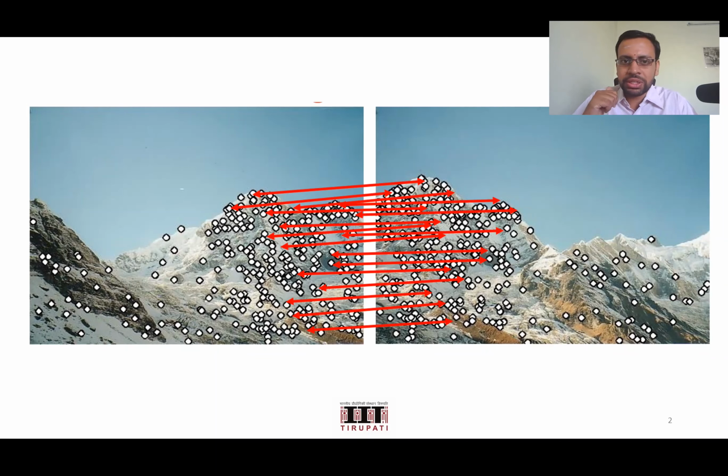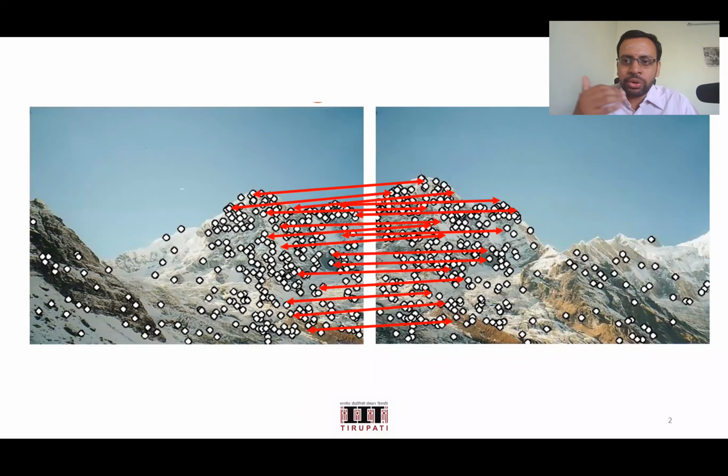Now the question is, what we discussed in the last class and the class before that will help us. For example, if there is a translation and I give you the corresponding points here, it will tell me how much the translation is. But the scenario that we have here is that we have more corresponding points than what is required to compute the transformation.